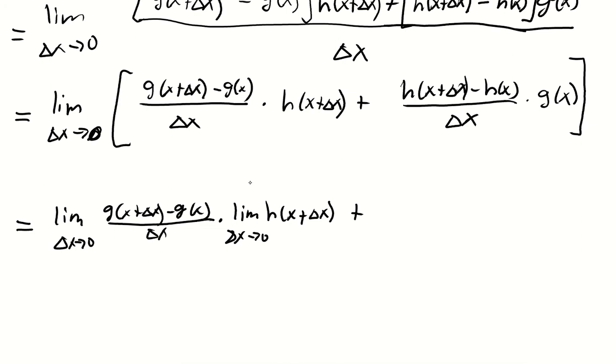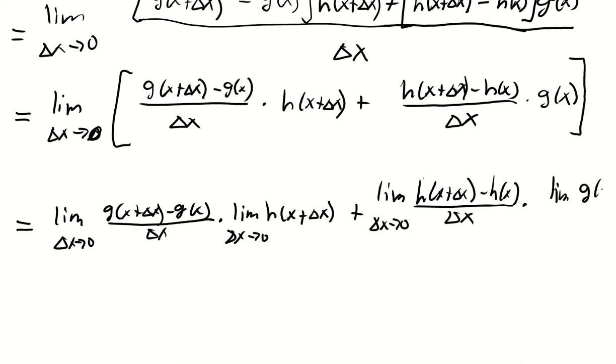Then to the right side, the limit of h of x plus delta x minus h of x all over delta x as delta x approaches 0, times the limit of g of x as delta x approaches 0. Then we can now take the limits.